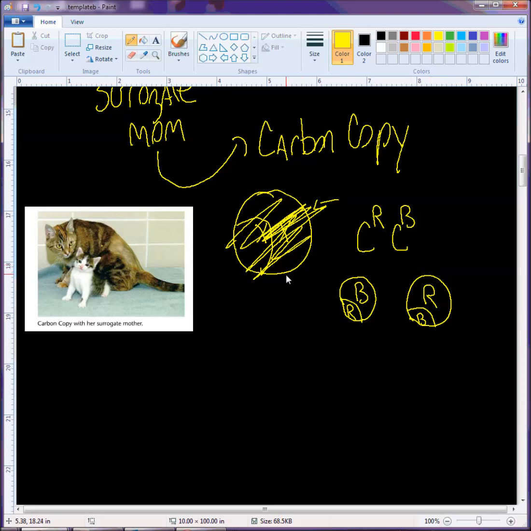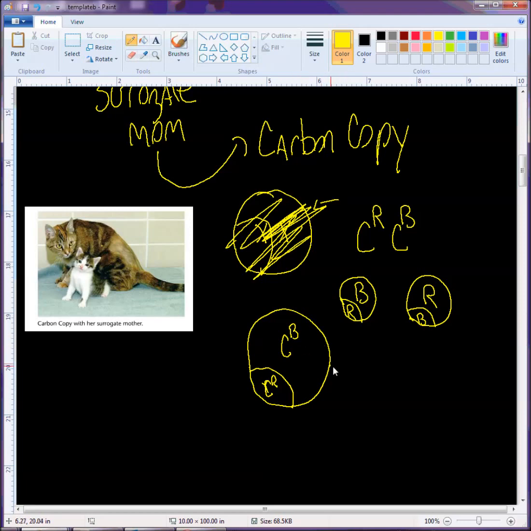So when they take an ovarian cell, well, we don't know which X chromosome is inactive, right? Or maybe they're both active in an ovarian cell. But let's assume that one of them is inactivated, and let's say it is the X chromosome with the red allele. So in this one, the X chromosome with the CB allele is active.